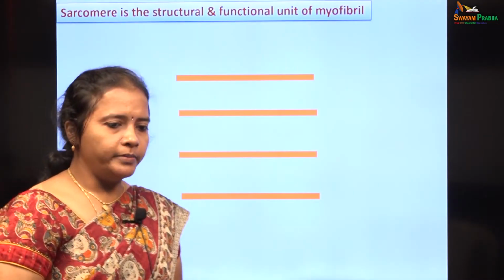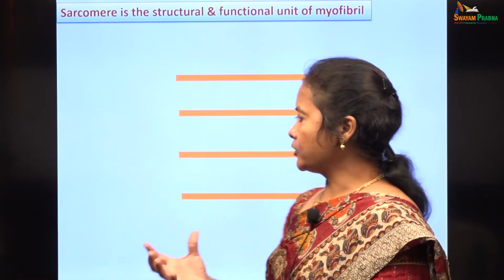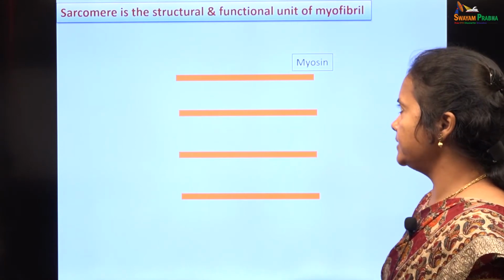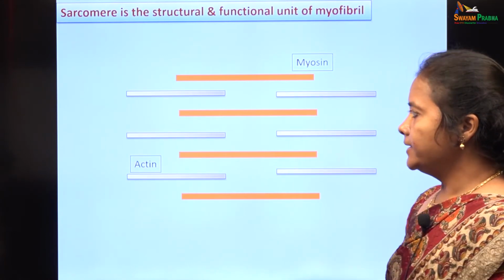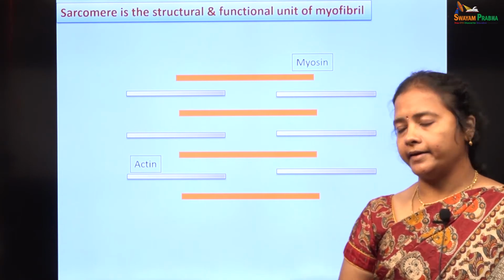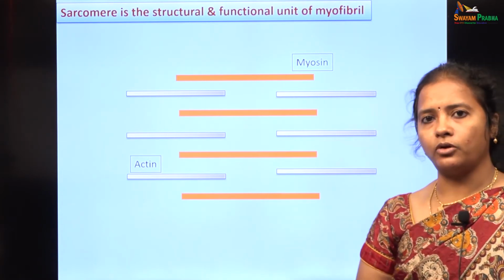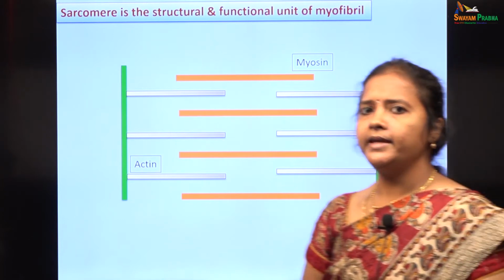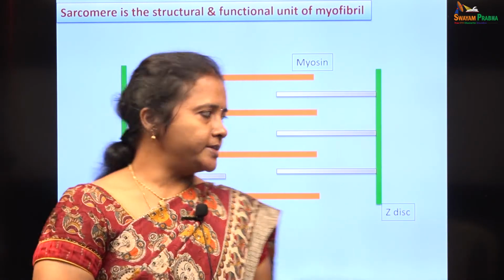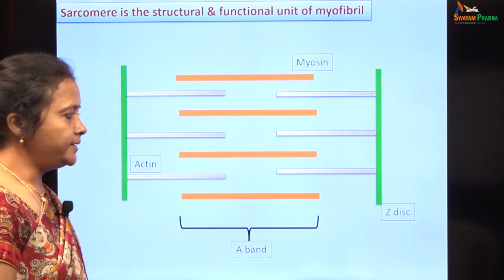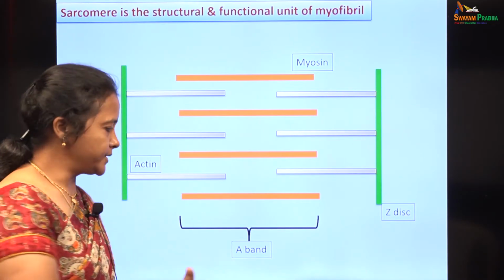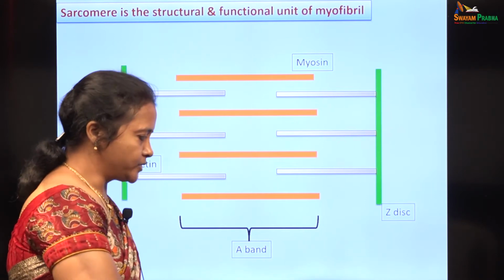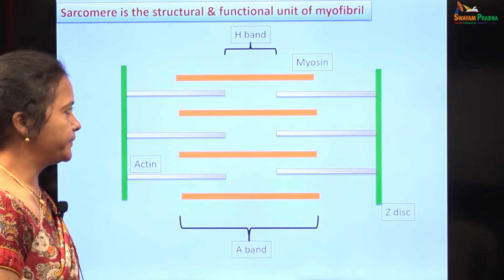So, in the middle of the sarcomere, there are the thick filaments which are myosin. This myosin is then parallelly arranged by the thinner filaments which are called the actin. The actin are attached to the Z disc on either end of the sarcomere, and the bandwidth corresponding to the extent of the myosin is called the A band.